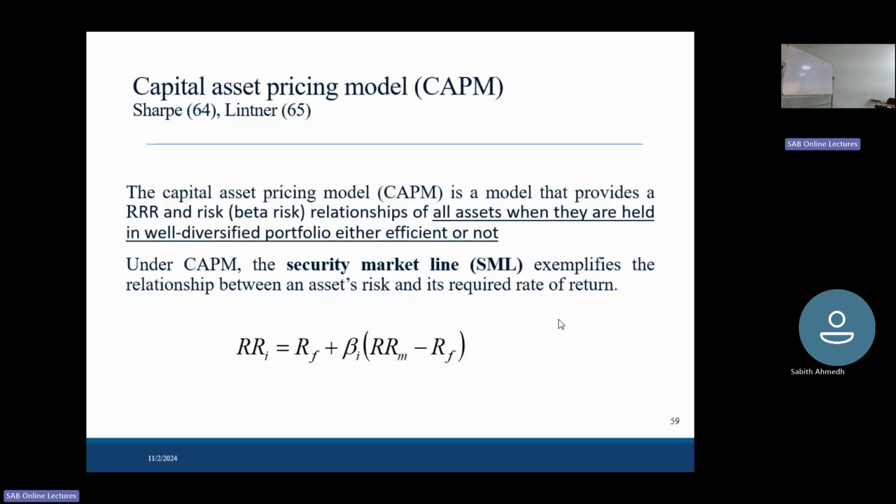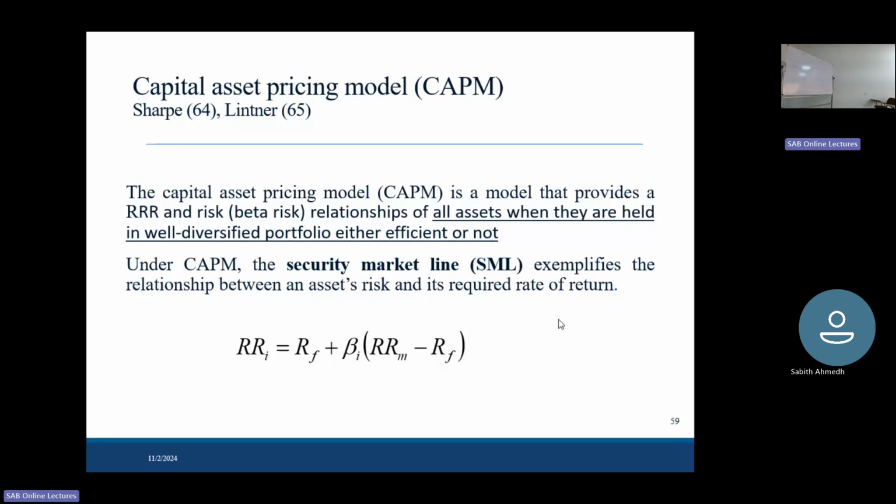If the portfolio is diversified but not efficient, it is not on the CML line, but it is still a diversified portfolio. If you have 20 stocks in your portfolio, it is diversified but not efficient.